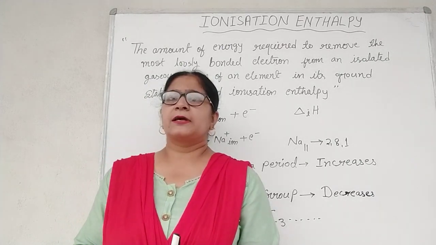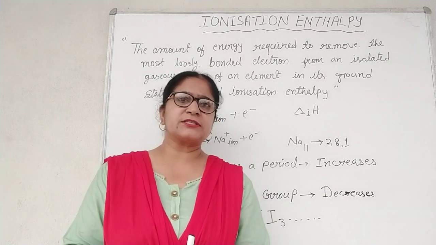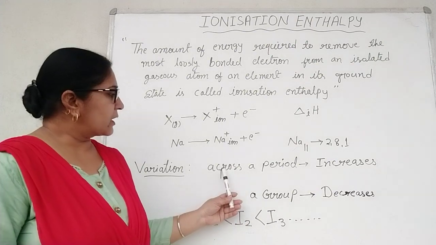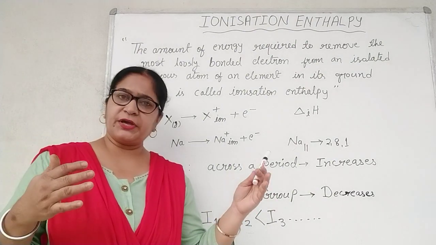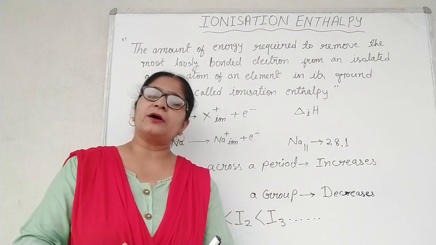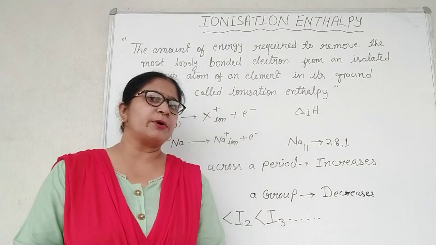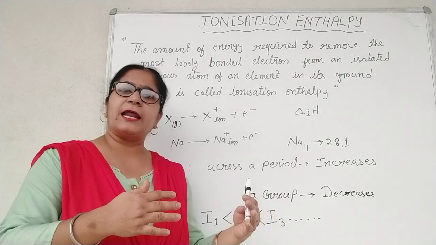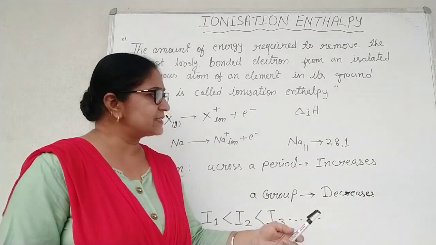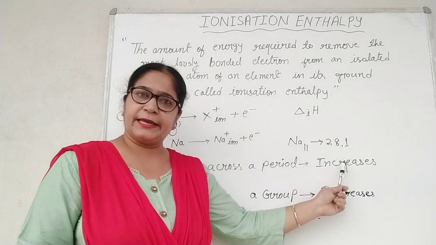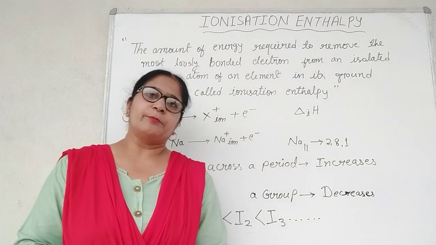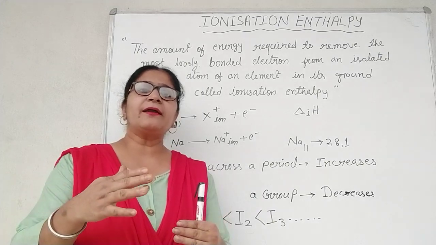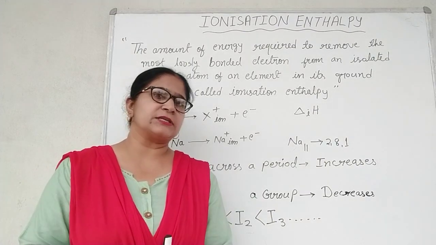Students, now we are talking about variation. If we move across a period of the periodic table from left to right, ionization enthalpy always increases. Why? Because atomic size decreases and nuclear attraction force increases.